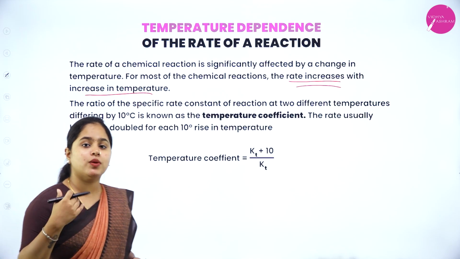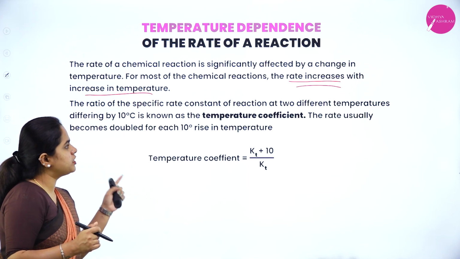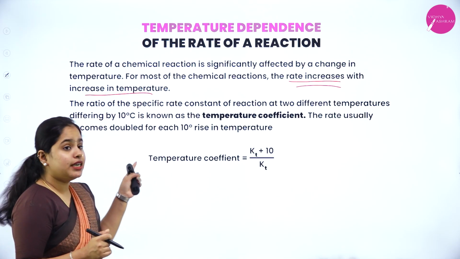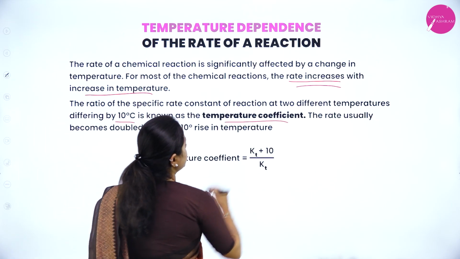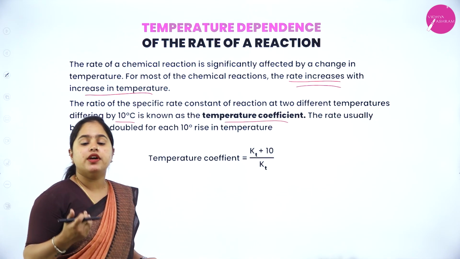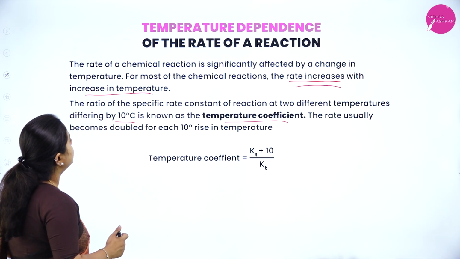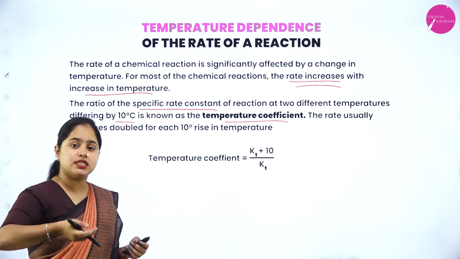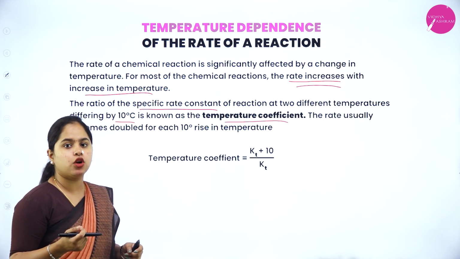The ratio of the specific rate constant of the reaction at two different temperatures differing by 10 degrees Celsius is known as the temperature coefficient. So if you increase the temperature by 10 degrees Celsius, the ratio of the specific rate constant after the increase is called the temperature coefficient.